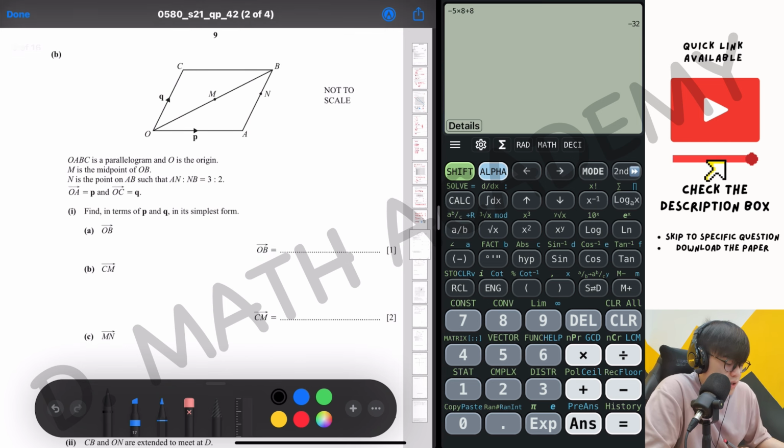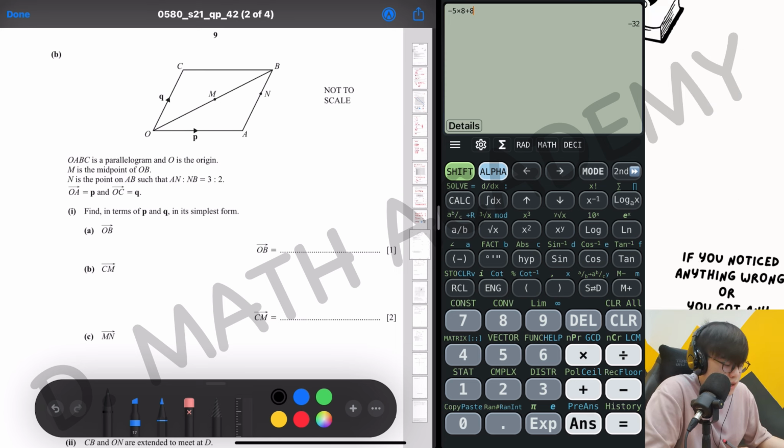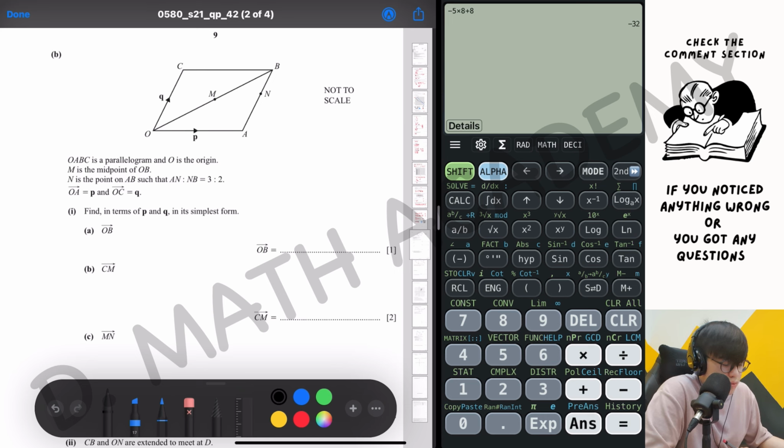Okay, part B is the actual standard vector question. So the first thing that they were looking for is actually OB, but as usual, I won't be doing any of those first. Instead, I will focus on this ratio that they've given to us. Also, one more thing: kindly take note that because this is a parallelogram, the top part will be p and the entire AB will be q as well.